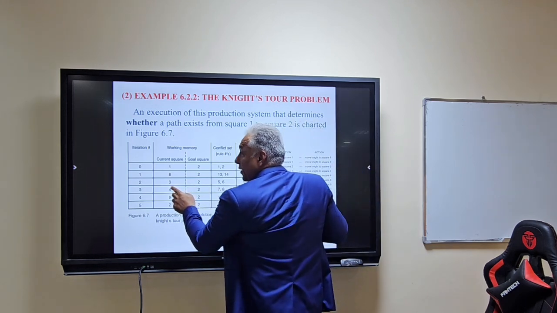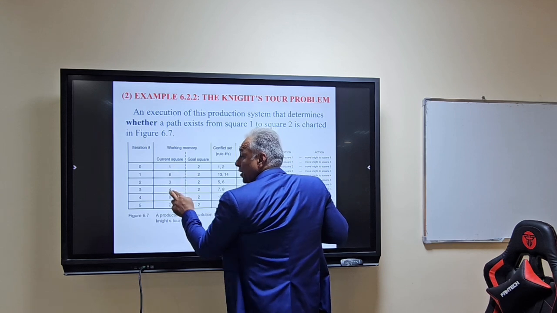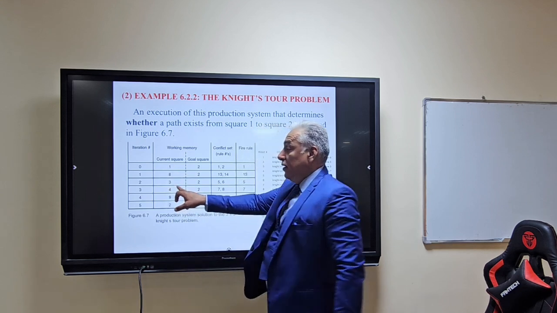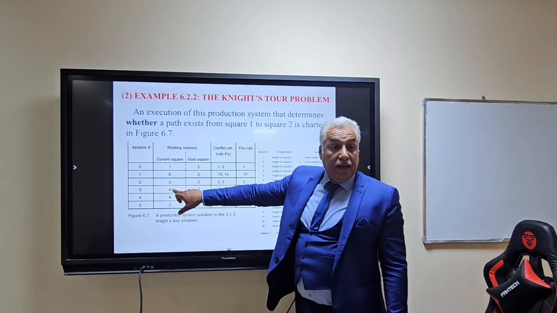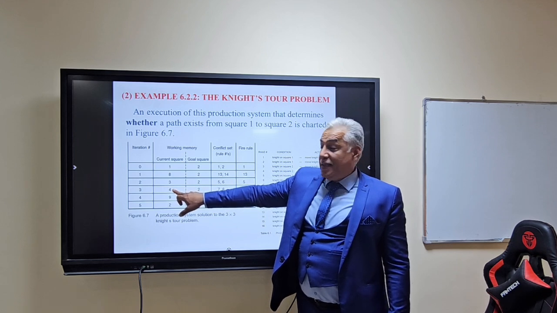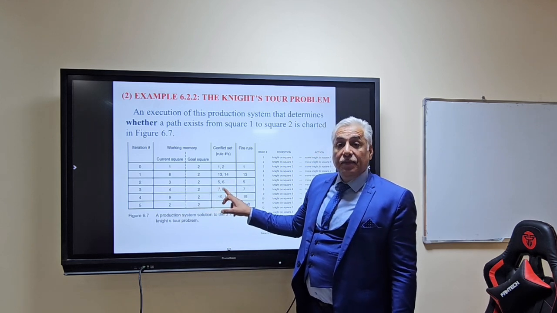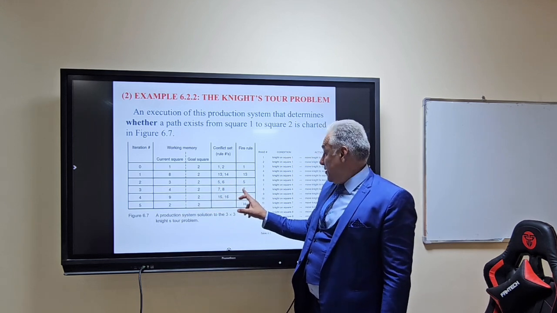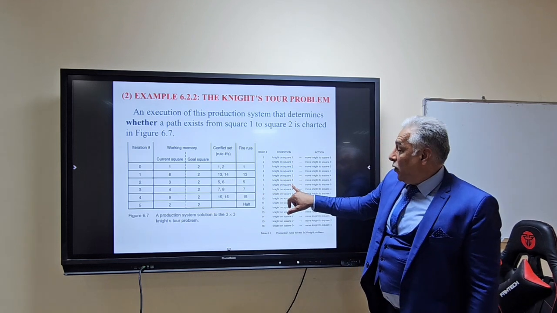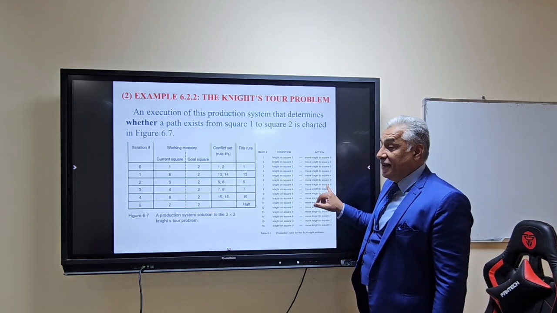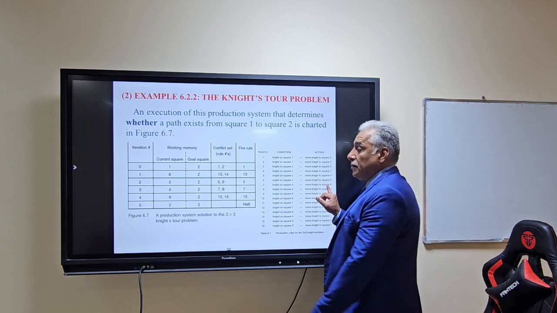I update the working memory, and the current square will be 4. The conflict set will be 7 and 8. I will select 7, from the knight at square 4 to square 9.